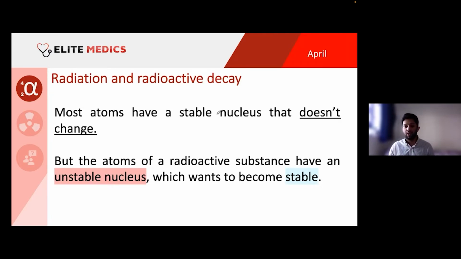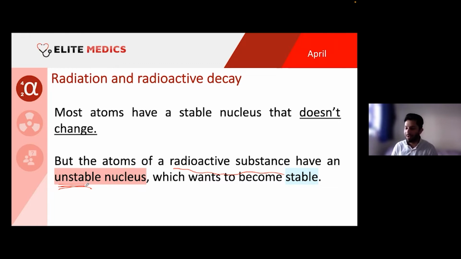These atoms won't really change because the nuclei are super stable. But the atoms of a radioactive substance have an unstable nucleus. It's just these radioactive substances that have unstable nuclei, and this unstable nucleus is never happy. It wants to become stable.